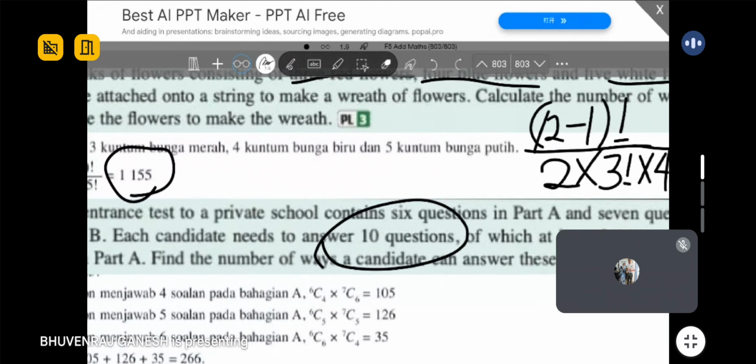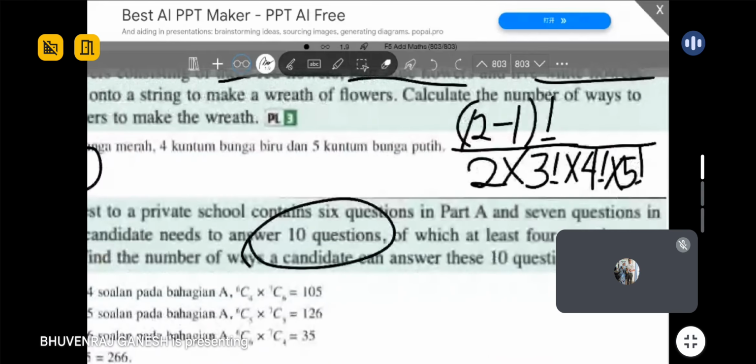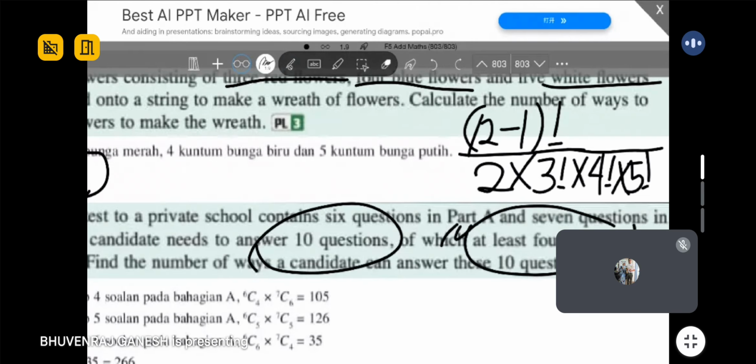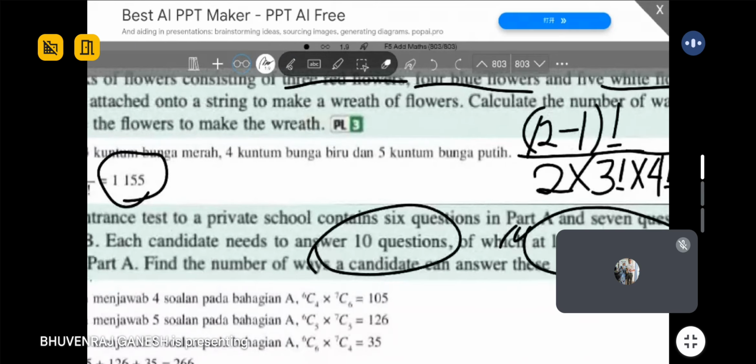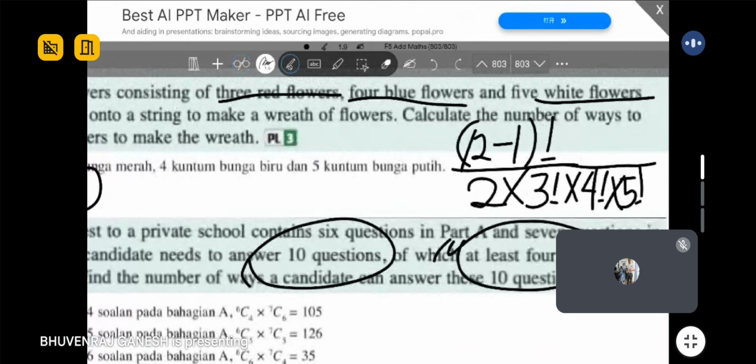You must answer 10, and then at least 4, sekurang-kurangnya 4 kena dari bahagian A. Itu adalah syarat dia. Okay, so the question is, how many ways I can answer all these questions?